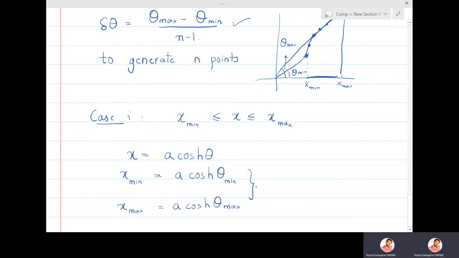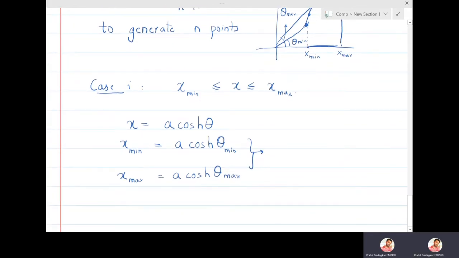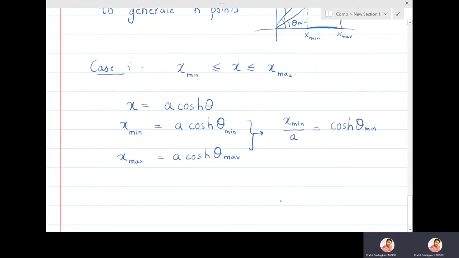Therefore, from these two, we will get the values of theta min and theta max, right? How will you get the value of theta min? You will take x min divided by a, and you will get cosh theta min.